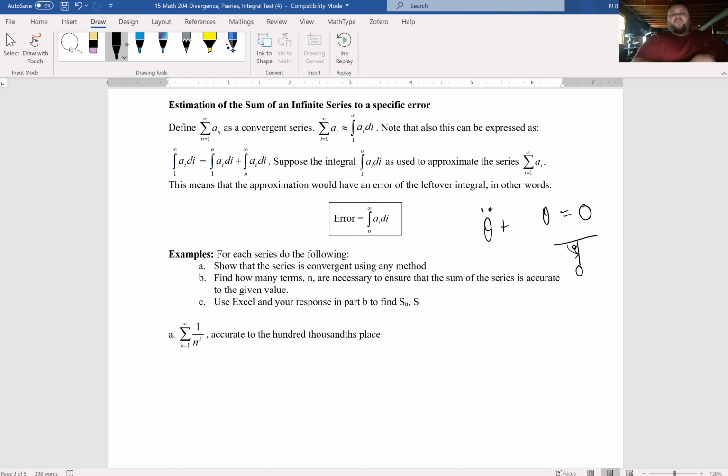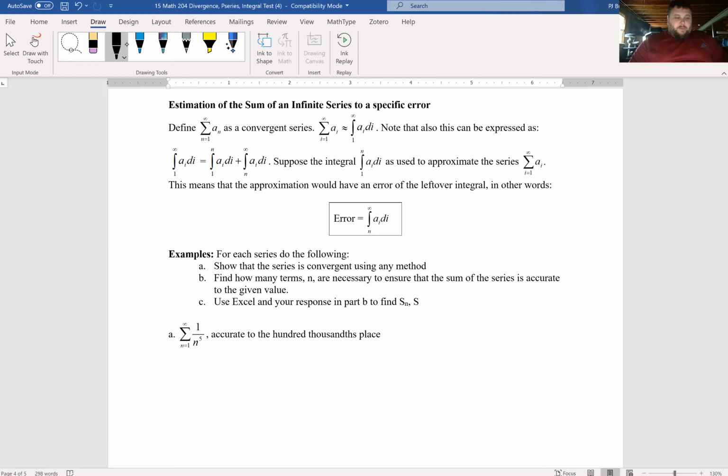So how does that relate to this error? Well, at some point in your career, you're not going to be doing this stuff by hand necessarily. You probably will be asking a computer program to do it. And then you're going to tell the computer, I need to know this thing to a certain error. You might need 2 decimal precision, or maybe you need 8 decimals.